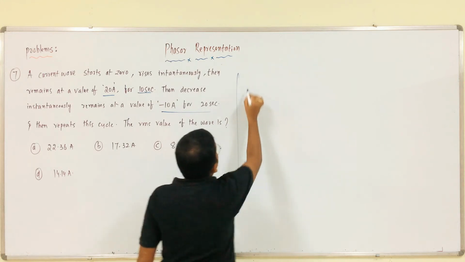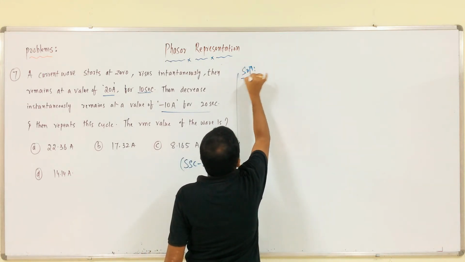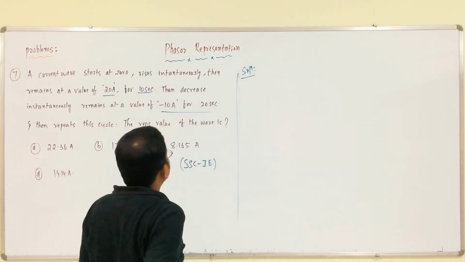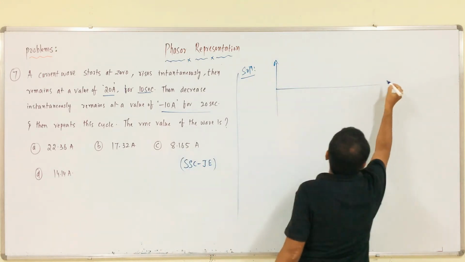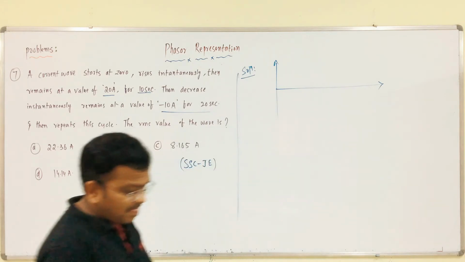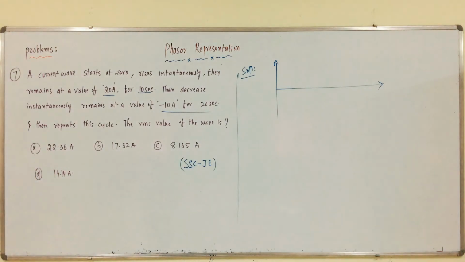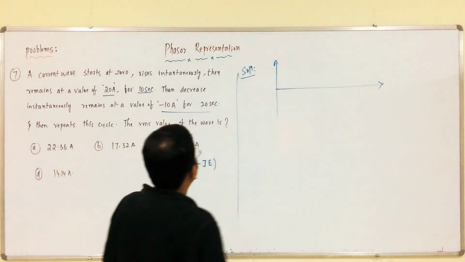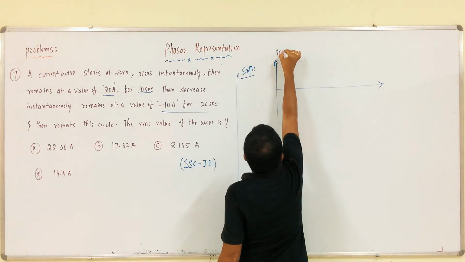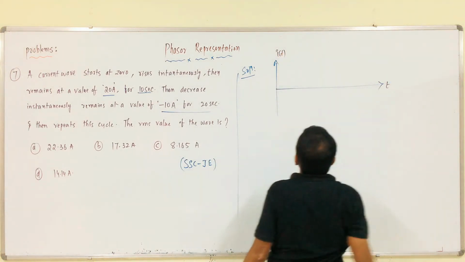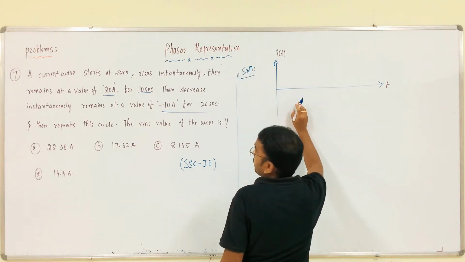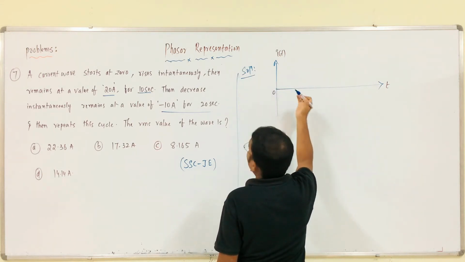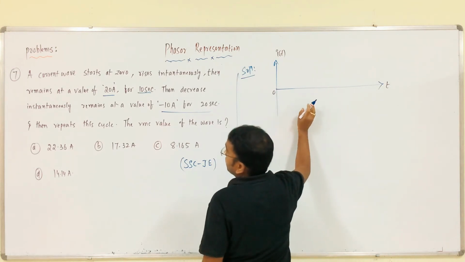From this, first we have to draw the current waveform. This is current. A current wave starts at 0, rises instantaneously, then remains at a value of 20 amperes.